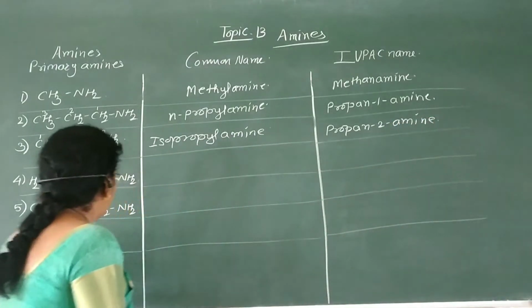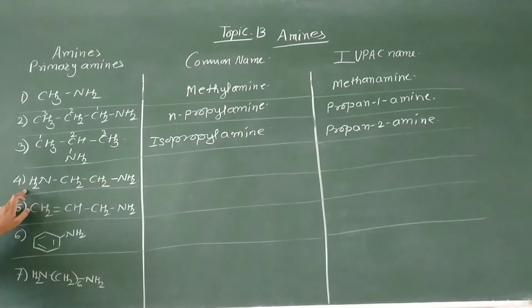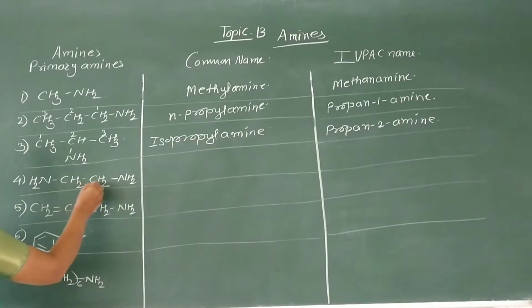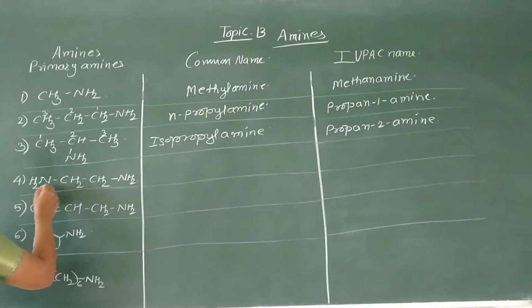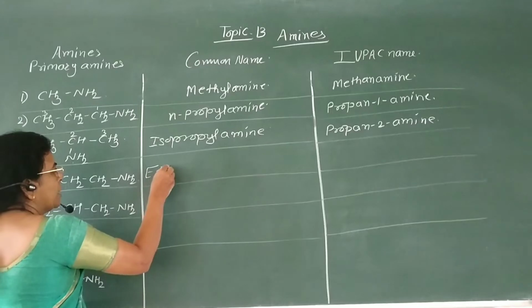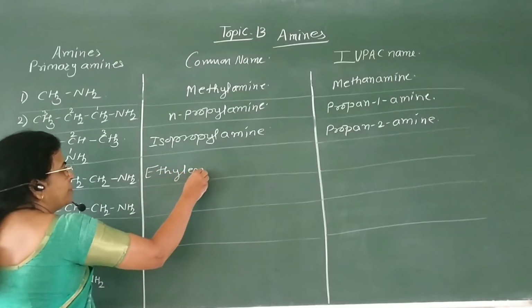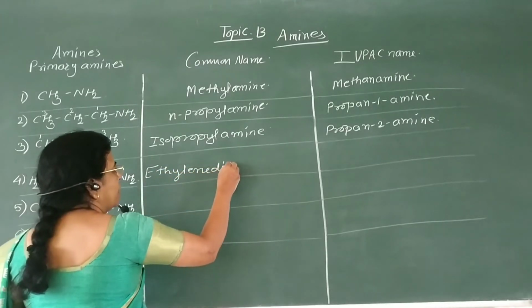Now fourth one, NH2CH2CH2NH2. Now this CH2CH2 is an ethylene group, to each carbon atom of which there is an NH2 group. That is, there are 2 NH2 groups. Therefore, it becomes ethylene diamine.